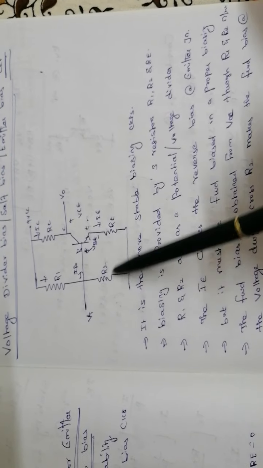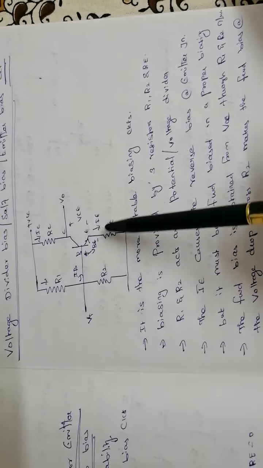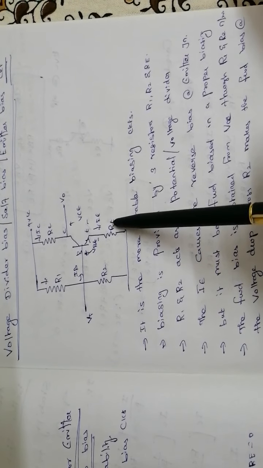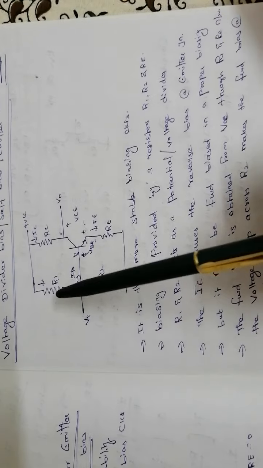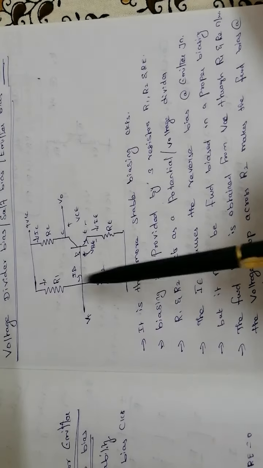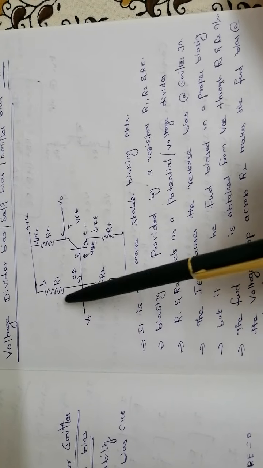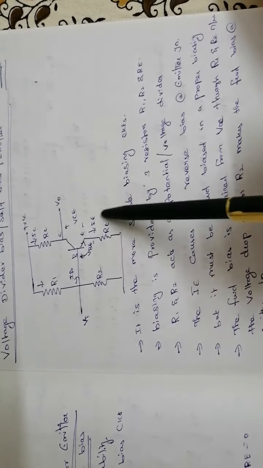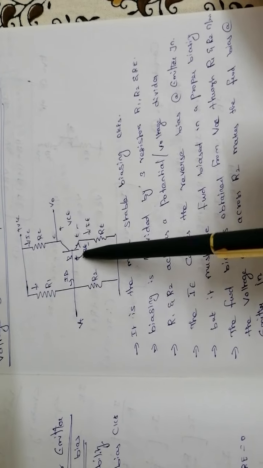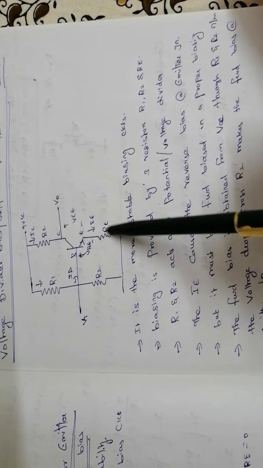So the biasing is achieved by these three resistors R1, R2 and RE. Here R1 and R2 act as potential divider resistors, or voltage divider resistors. The current flow through the emitter resistance produces a reverse bias at the emitter junction.